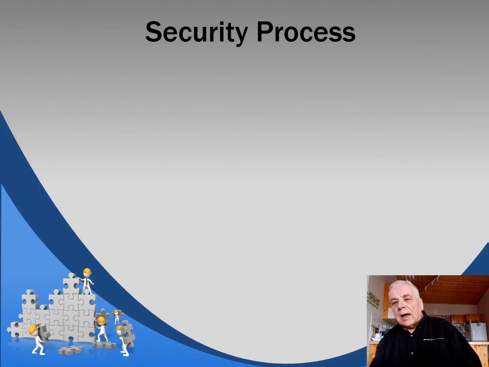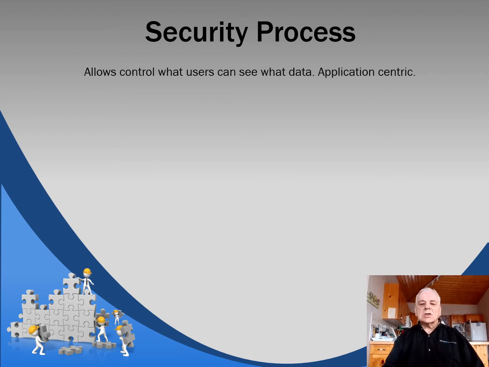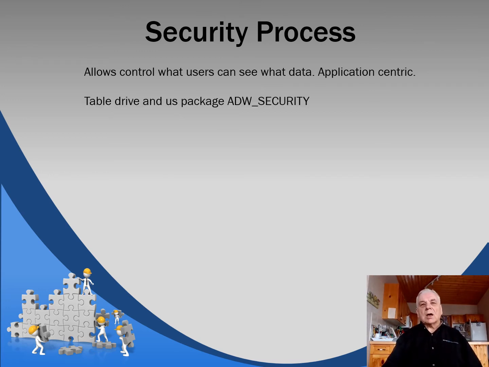So at the end of every ETL, the security process gets called, and basically it controls what data the user can see. It's application centric. In other words, usually you say, okay, this person can see all of this application. The nice thing we wound up doing at Conoco is they said all data is important to everybody, so we don't want to restrict.